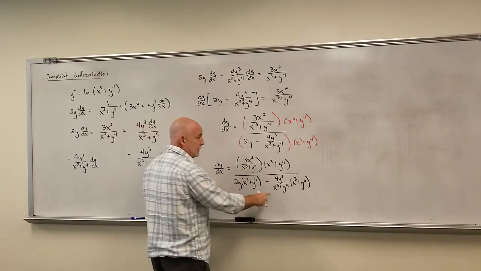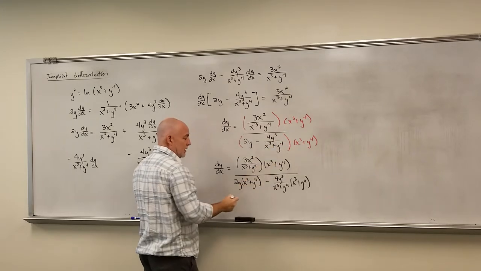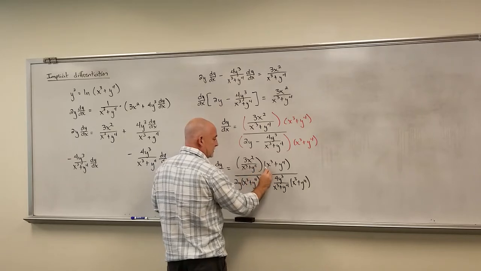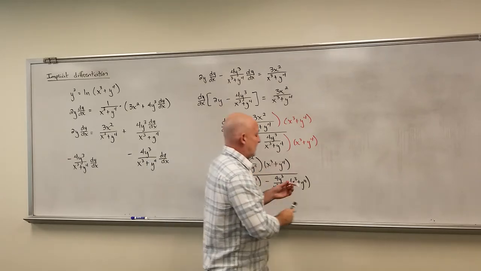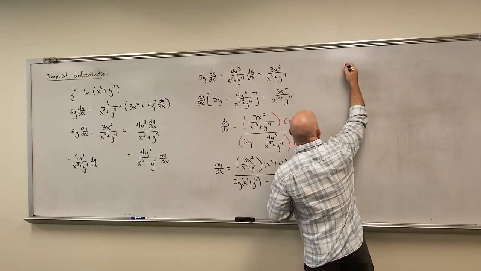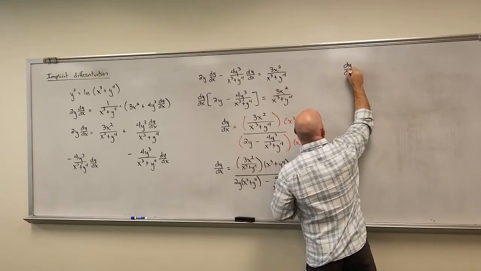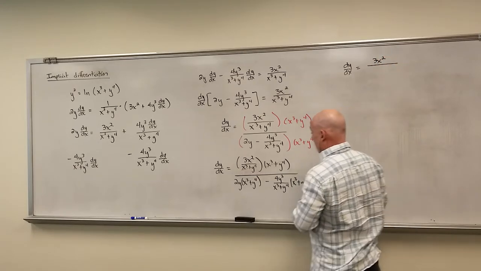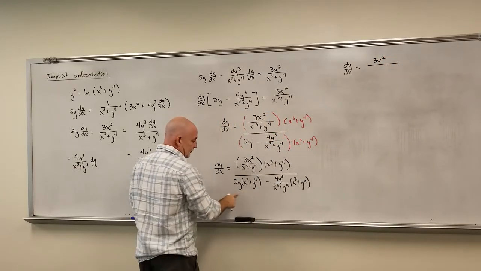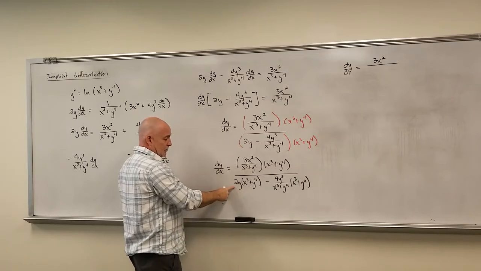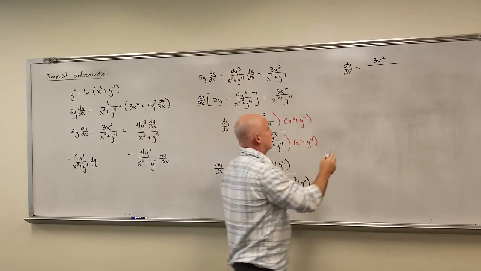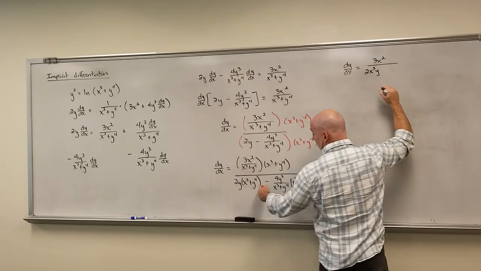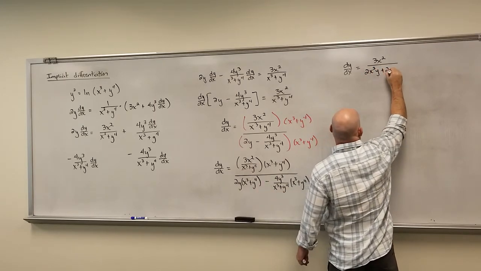Now, the reason we did this, multiplying the top and the bottom by our least common denominator, is that it should get rid of the smaller fractions. Notice on the top, that's going to reduce with that. So we have dy dx is equal to just 3x squared on the top. Now on the bottom here, this is all multiplication, so we're not going to cancel this, so it's going to be 2x cubed y plus 2y to the fifth.